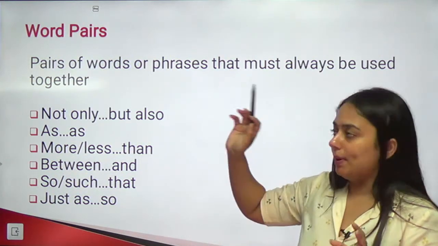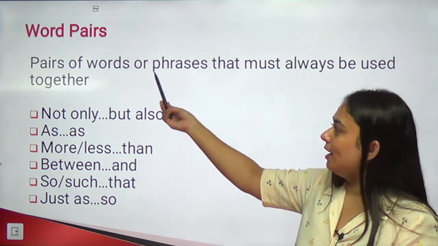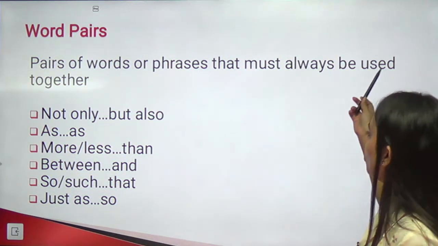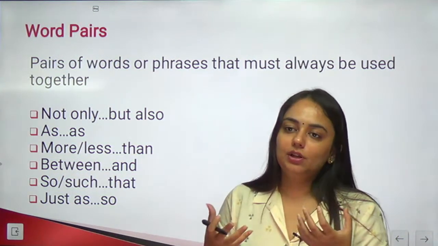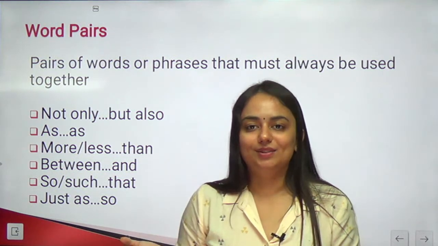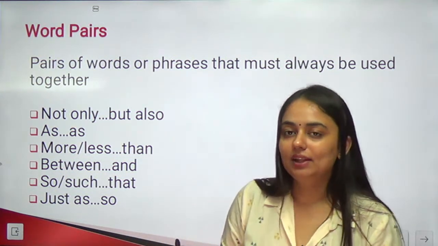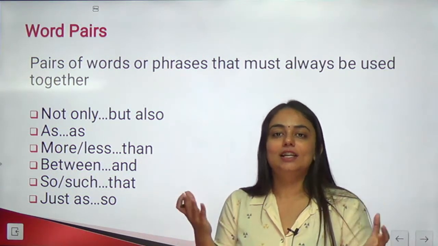Now, word pair, for example, not only but also. So pair of words or phrases that must always be used together. The conjunction words that we typically know are and, or, but. Typically we know these. But then there are certain conjunction pairs that will always come together. They cannot leave each other.